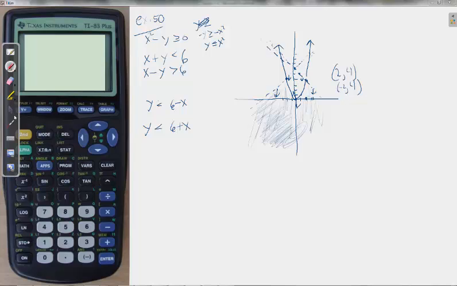I screwed up. Well, I screwed up again. 6 minus x would be wrong, so this line is wrong.